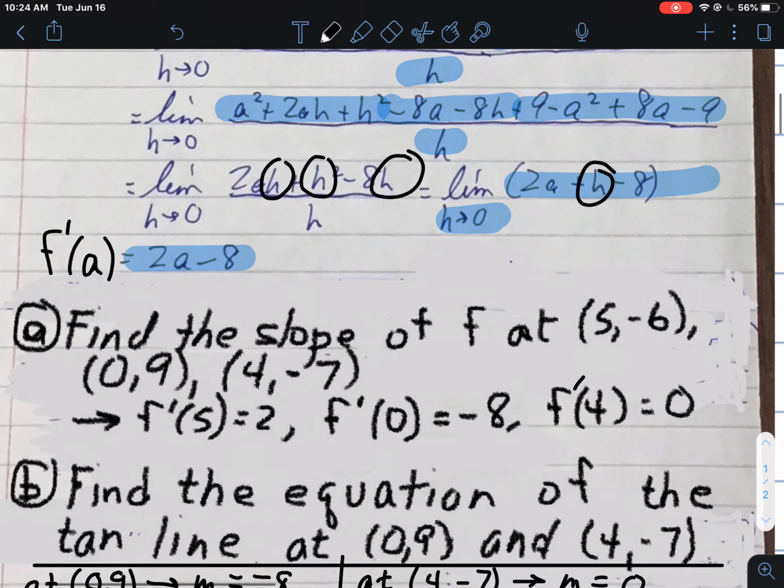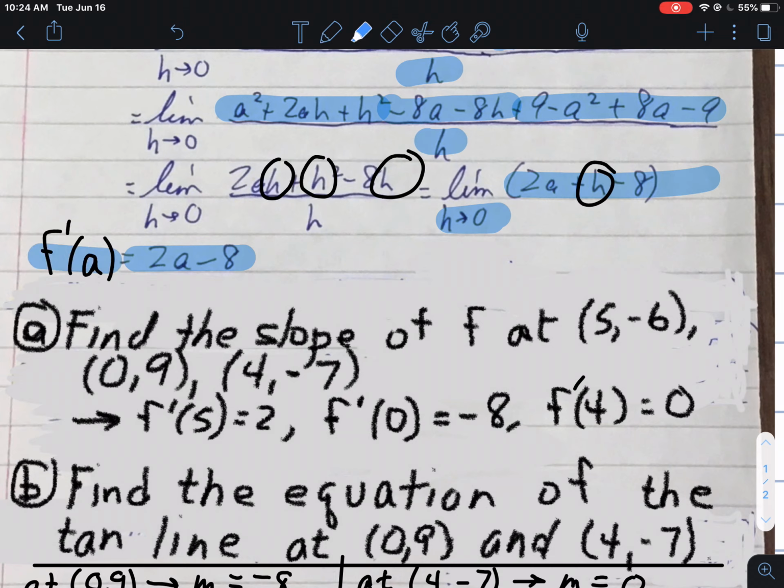So then I'm asked to find the slope of that function at a couple of different points, 5, -6, 0, 9, 4, -7. My purpose here is just, again, watch your language, terminology, and your notation. If I want the slope of f at each of those points, what is the slope of the function? It's the derivative.